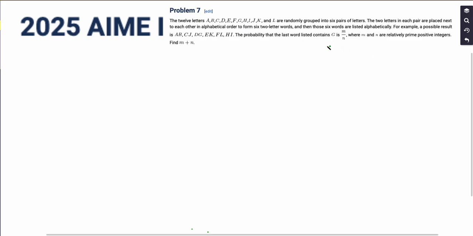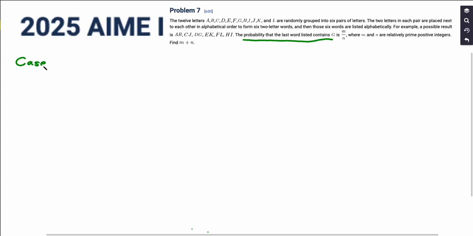In this result, the first letter of each two-letter word forms an alphabetical order, and in each of the two-letter words, the letters are arranged alphabetically. So, in order to calculate the probability that the last word contains a G, we will do cases.